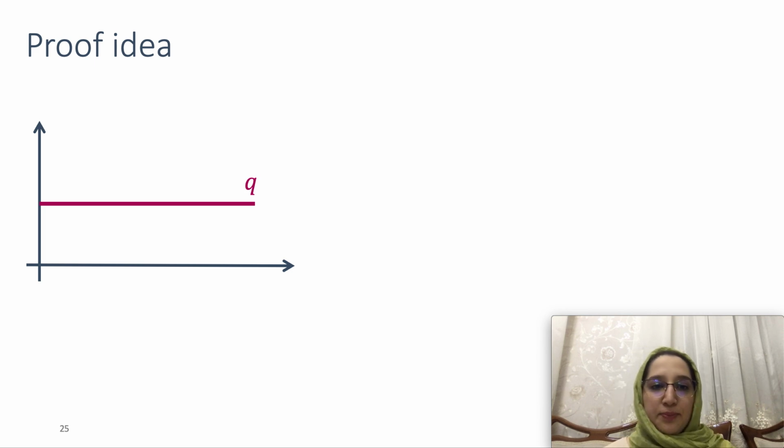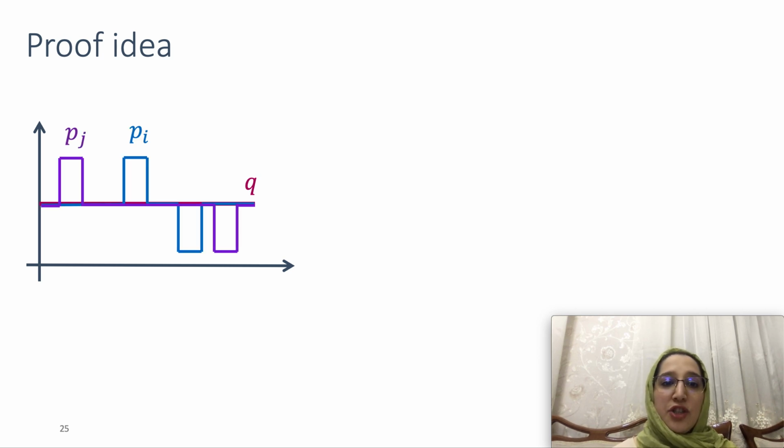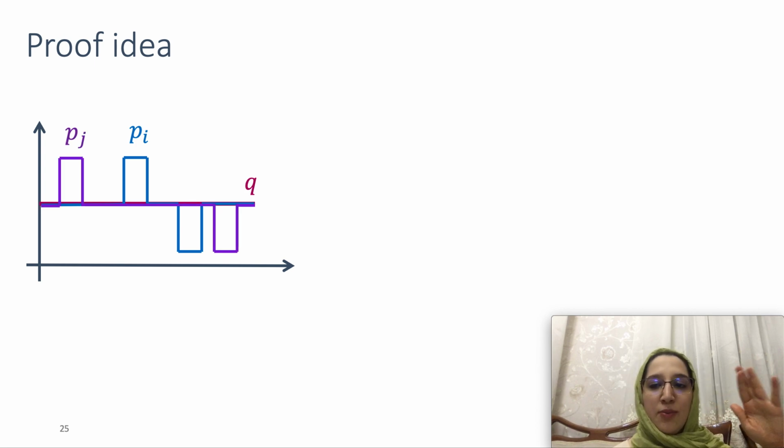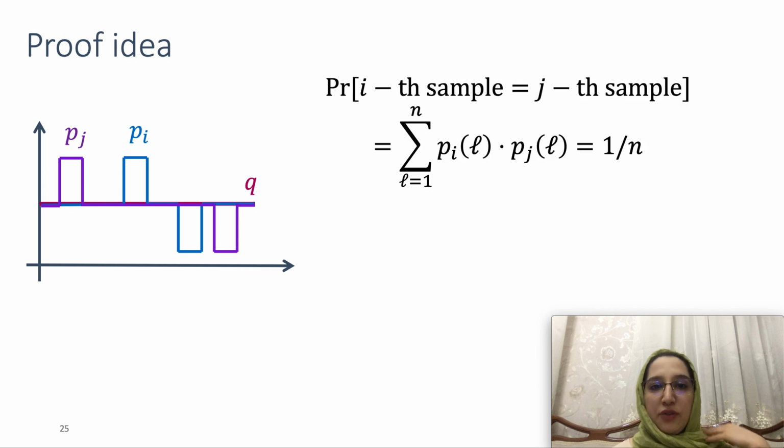So the main issue is that if we have two distributions, let's say Pi and Pj, such that the parts where the Pis are far from uniform are not overlapping with each other, so they assign probability other than 1 over n to different subsets of the elements. It turns out the probability that the ith sample and the jth sample collide with each other is exactly 1 over n.